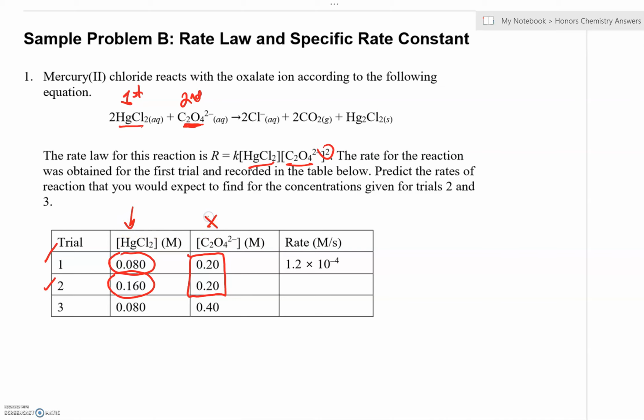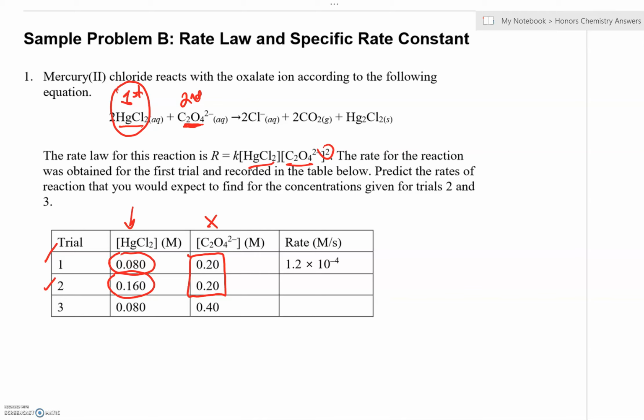We're not doing anything with this. Because mercury 2 chloride is a first order reactant, whatever changes we make to that concentration is going to have the same effect on the rate. So if we double the concentration of mercury 2 chloride, we will double the rate. All right, that's all you do.